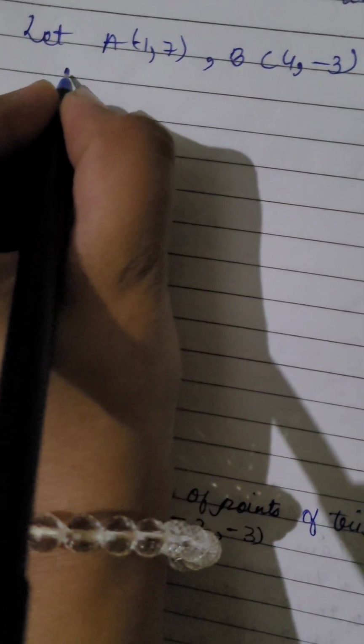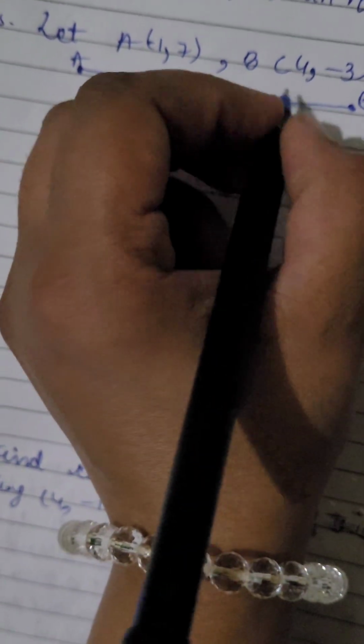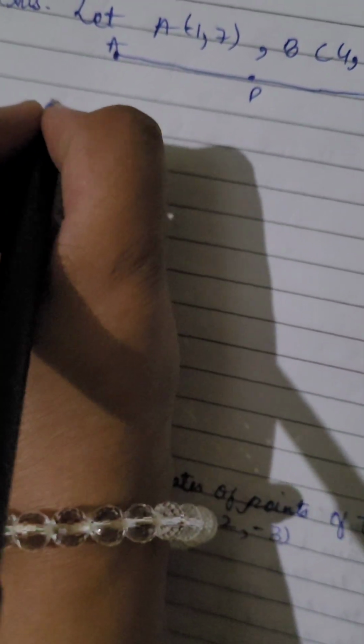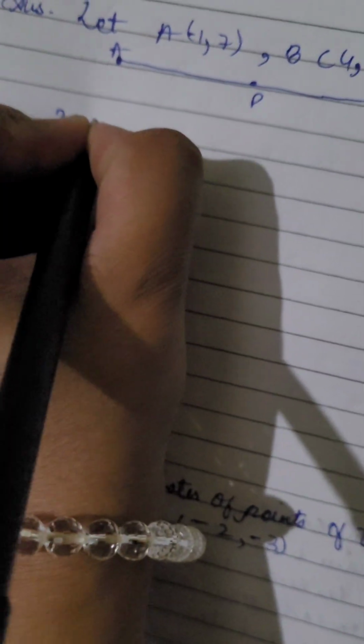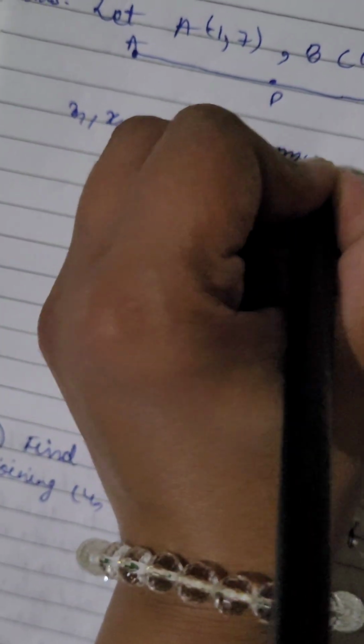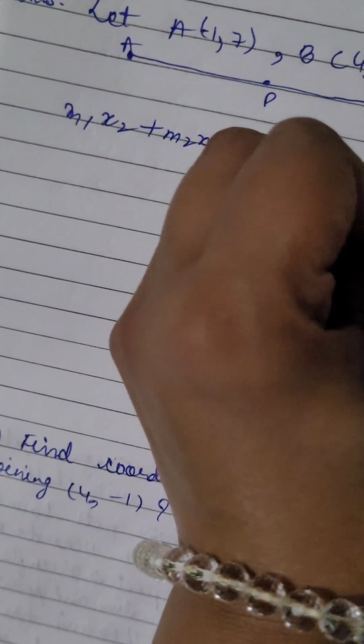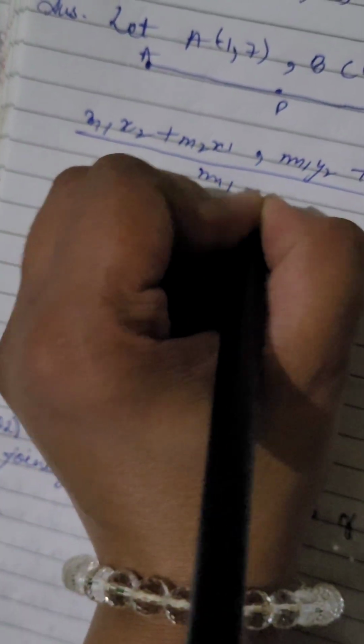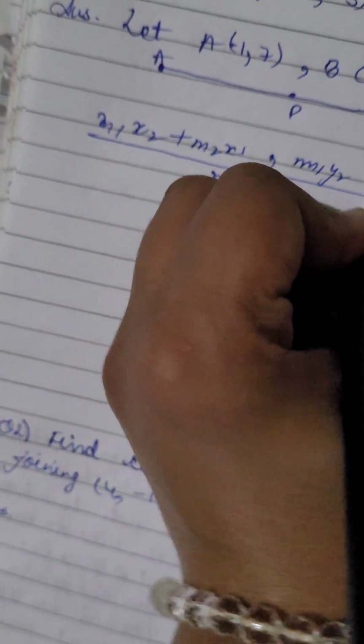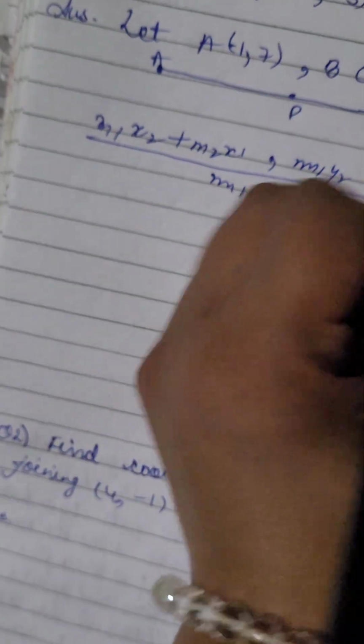So this point is A, this is B, and this is P. We have the formula that says (m1 x2 plus m2 x1) upon (m1 plus m2), comma, (m1 y2 plus m2 y1) upon (m1 plus m2).